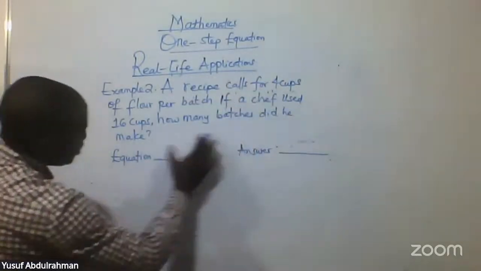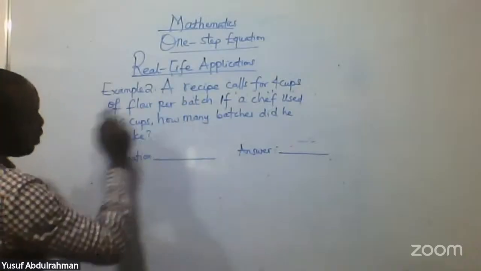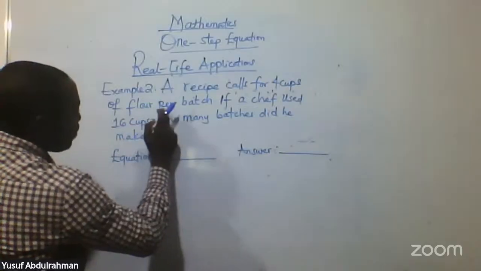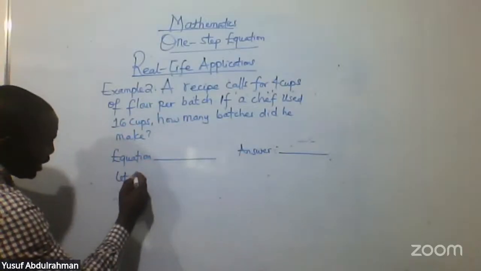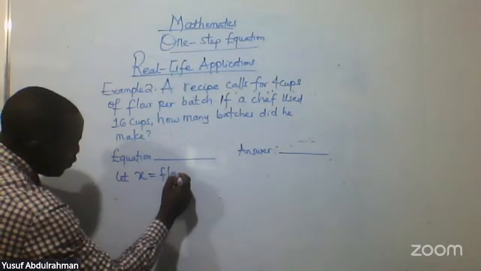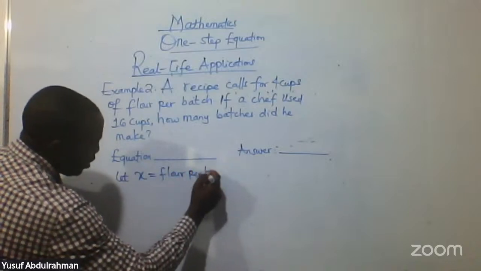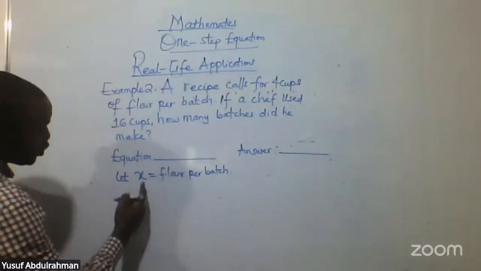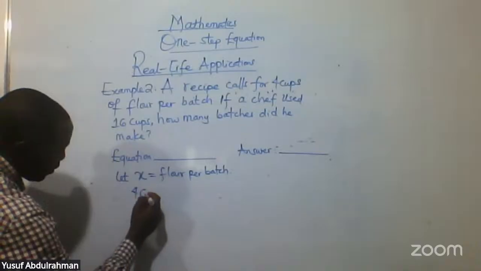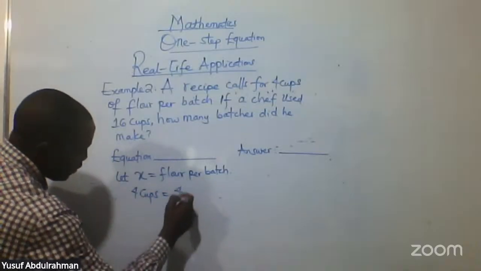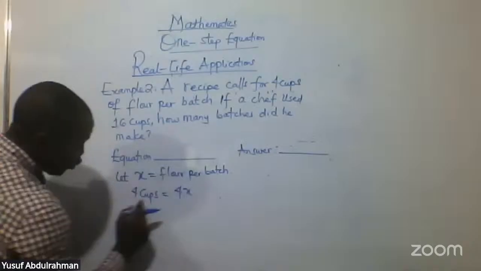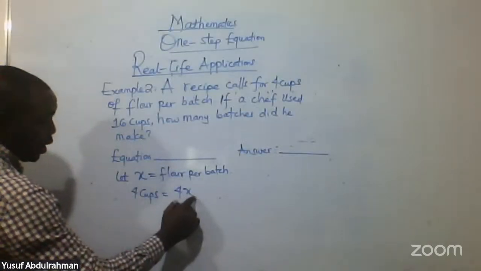So let's model the equation for this verbal statement. A recipe calls for 4 cups of flour per batch. So we can say let x equal the cups of flour per batch. So 4 cups will now be 4x. Are you with me? x represents cups of flour per batch, so 4 cups will now be 4x.